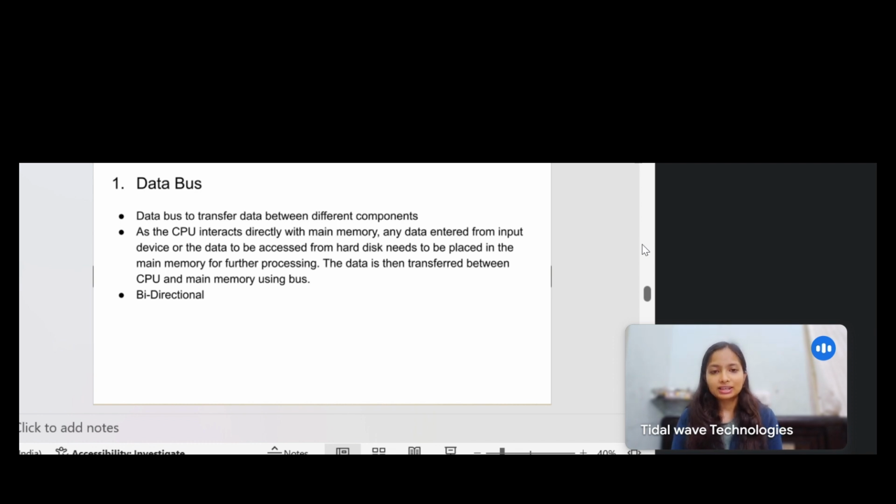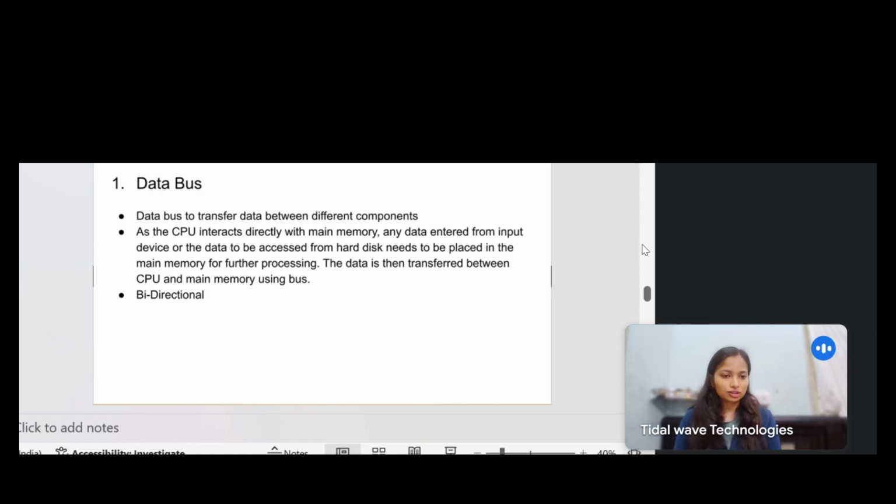Any data entered from an input device or the data to be accessed from hard disk, examples of which are pen drive, CD, DVD, etc., needs to be placed in main memory for further processing. The data is then transferred between CPU and main memory using bus.